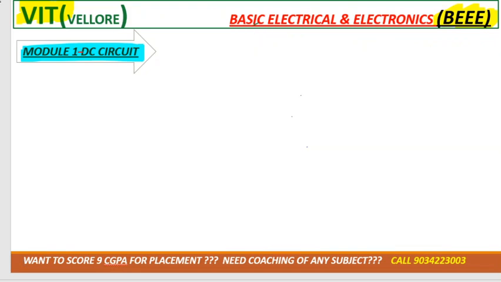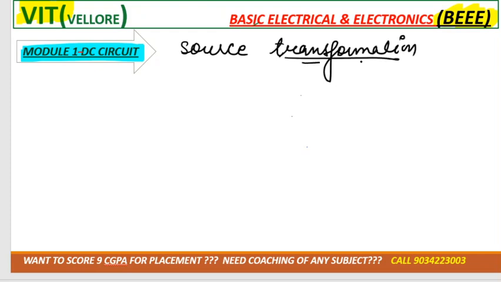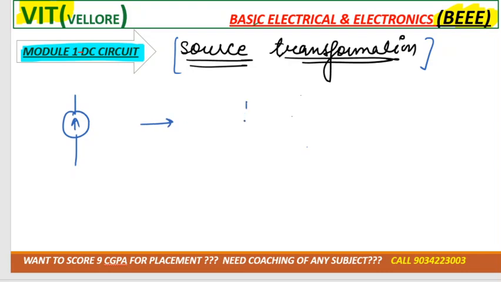We'll move towards the next topic, that is source transformation, right? This topic is not mentioned in your syllabus, but a question will come in your exam from this topic. Source transformation means source conversion. We can have a current source and convert it into a voltage source.